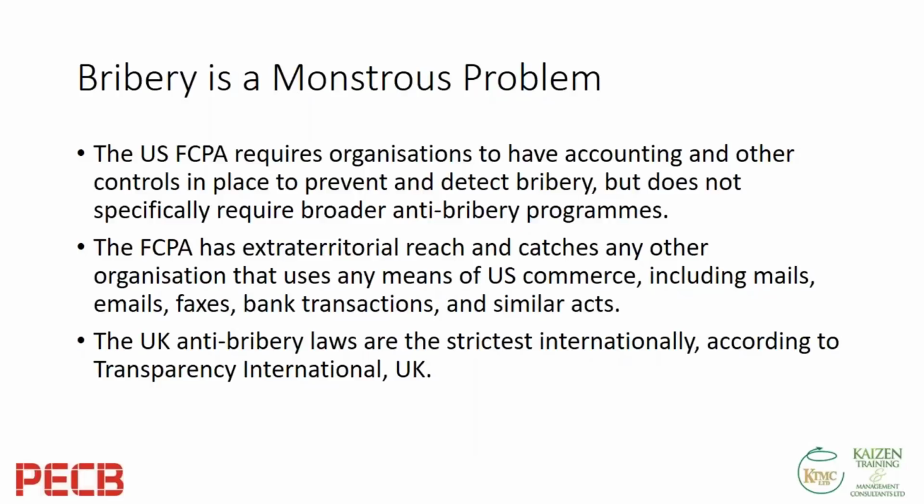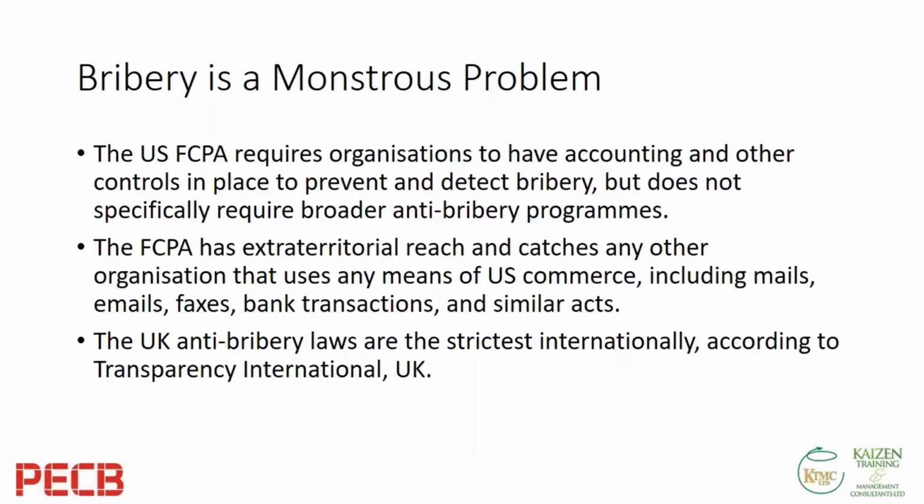What needs to be done needs more than the law. This same act has extraterritorial reach and catches any other organization that uses any means of U.S. commerce. Those include emails, mails, faxes, bank transactions, and other similar acts.